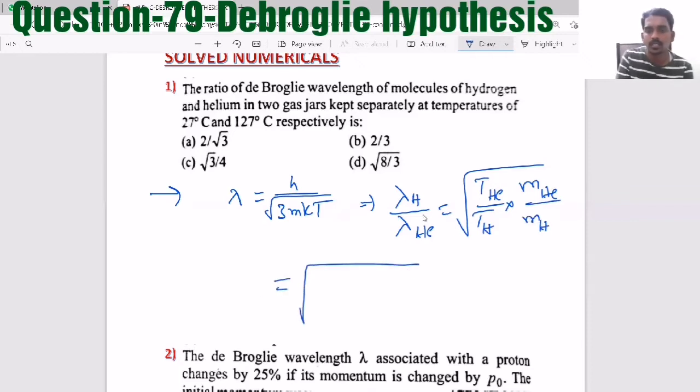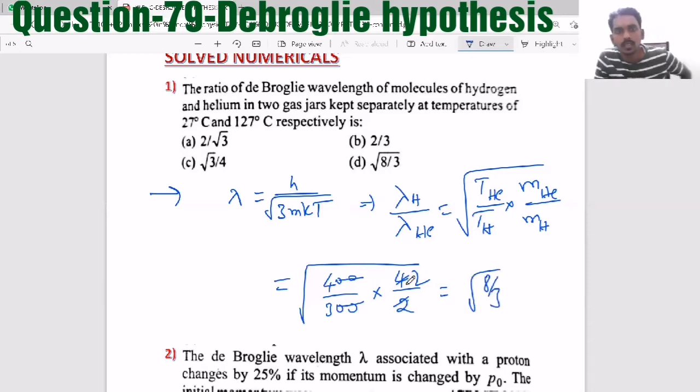Now the helium temperature is 127, so plus 273, you have to always take Kelvin. So 400 by 300 times the mass of helium, which is 4, by the mass of hydrogen, which is 2. So 2 2s and 0 0 cancel, giving root of 8 by 3.